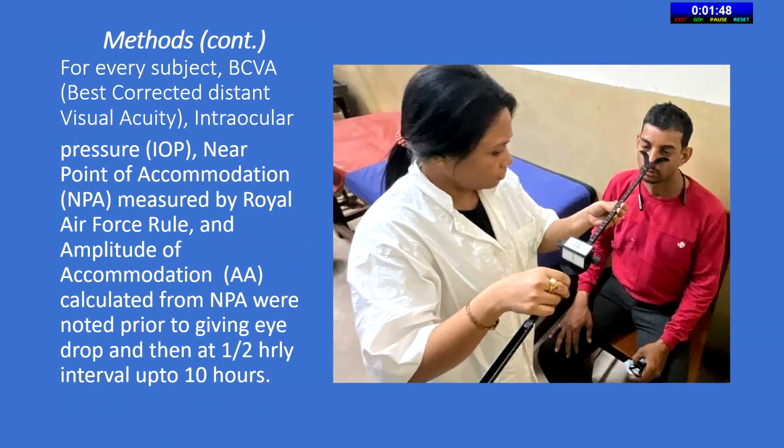For every subject, BCVA, IOP, near point of accommodation measured by Royal Air Force rule, and amplitude of accommodation calculated from NPA were noted prior to giving the eye drop and then at half an hour intervals up to 10 hours.